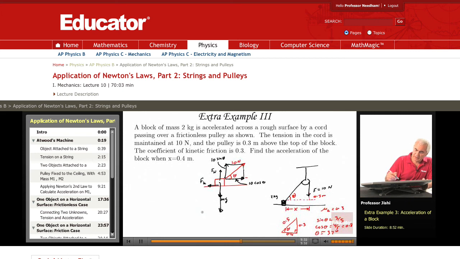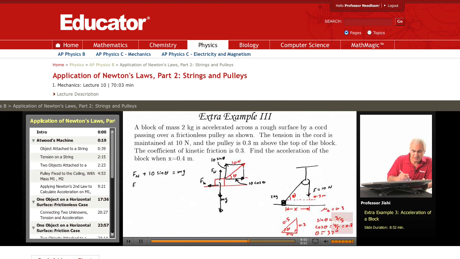Since there is no vertical motion, the sum of the vertical forces must add up to 0. So this means that Fn plus 10 sine theta, that's the up force, must balance the down force, which is mg.